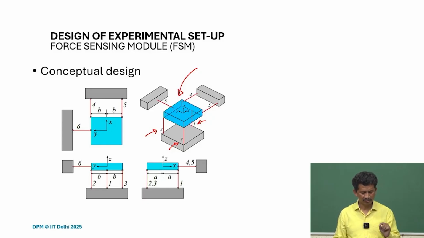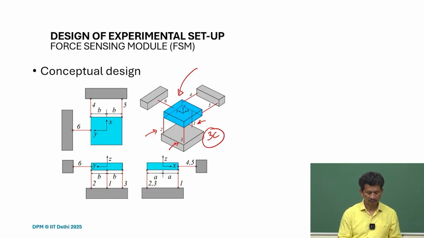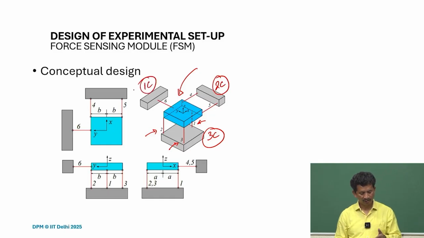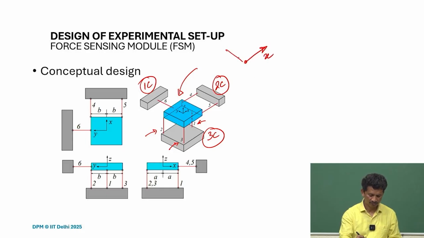For the time being, just assume these are constraints: 1, 2, 3, so 3 constraints from the base. On the other side, 4 and 5, 2 constraints here if you see, and then 1 constraint from this side. If we put x, y, z at the center, these are the directions x, y and z.